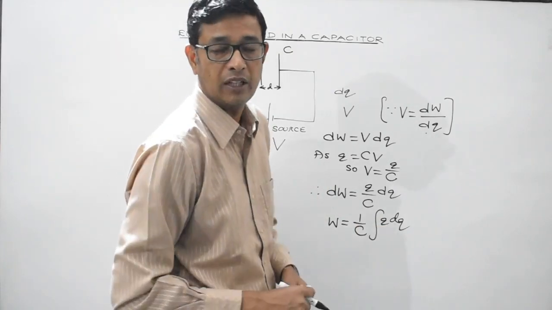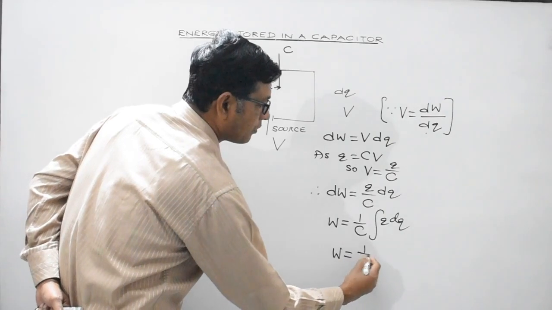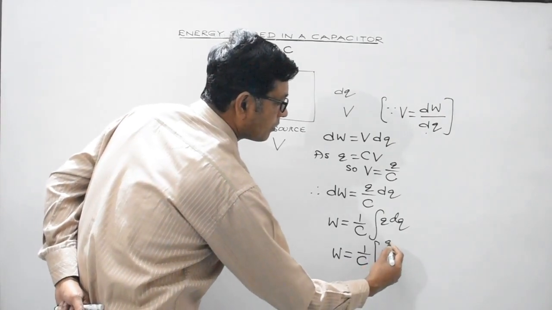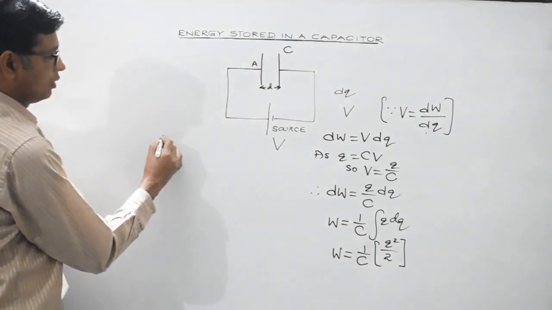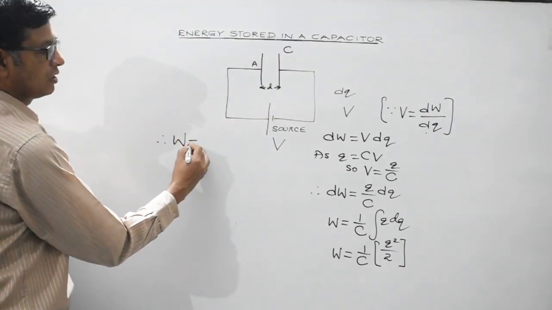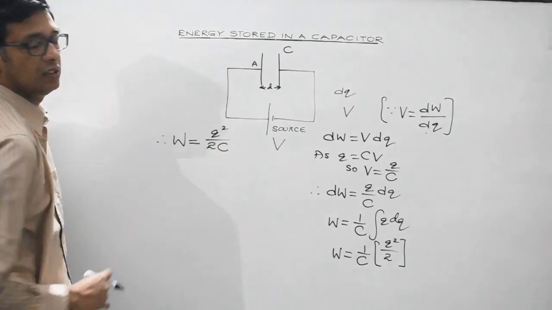Integration of Q gives us Q square by 2. So the work done by the source in charging the capacitor is given by Q square divided by twice C.